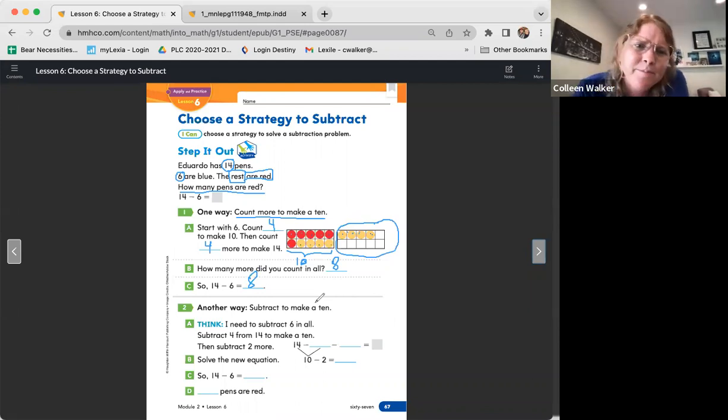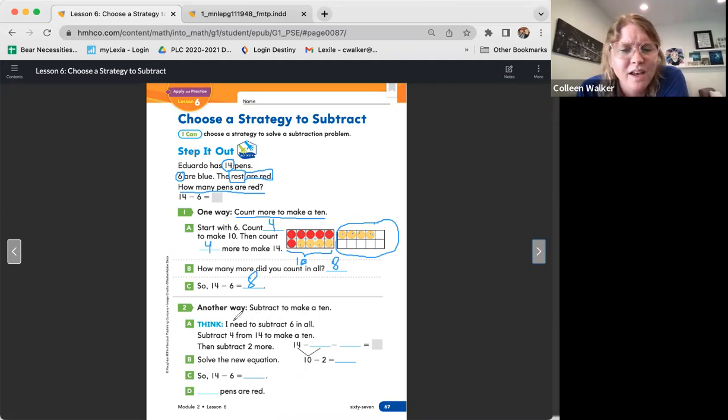It says, subtract to make 10. Think, I need to subtract 6 in all. Subtract 4 from 14 to make a 10. Then subtract 2 more. So we're still solving the same problem. We're just doing it in a different way.